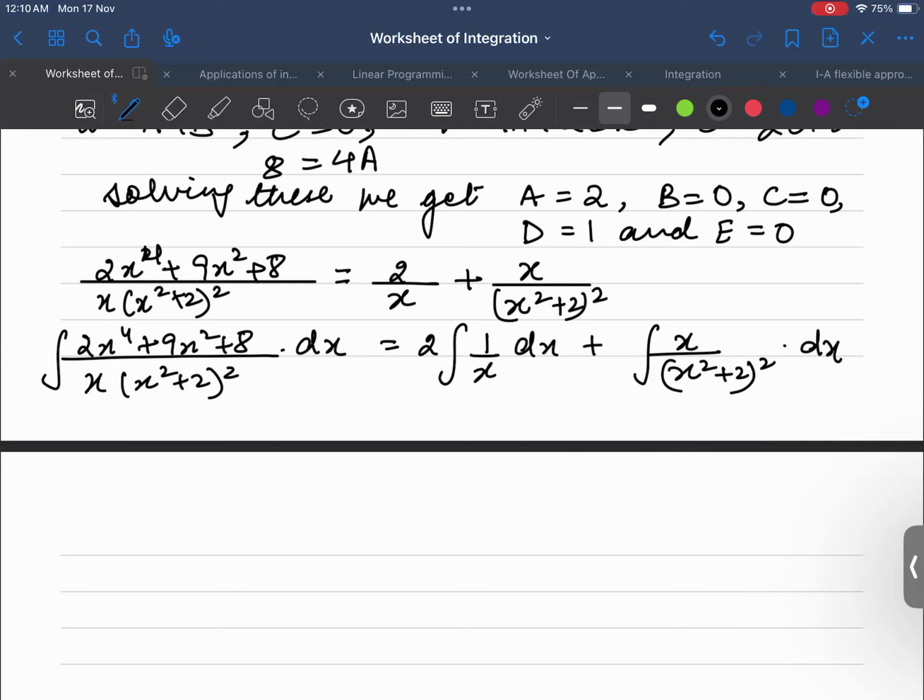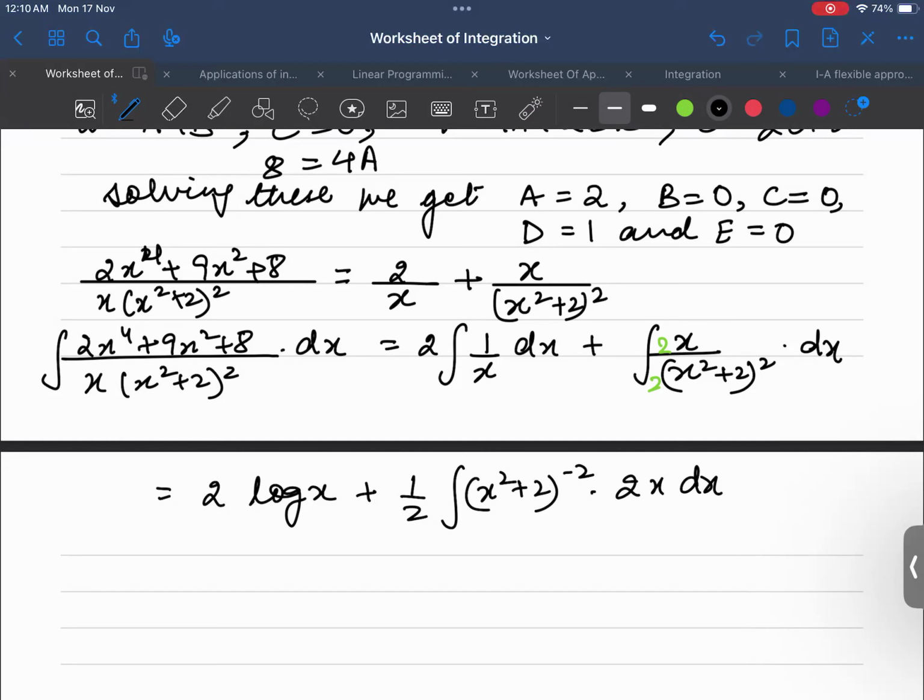When we solve it, we will get 2 log x plus half. Let me multiply both sides by 2. Then half, it would be x square plus 2, minus 2, let it be 2x dx. I think if you solve it, you know how to go ahead.